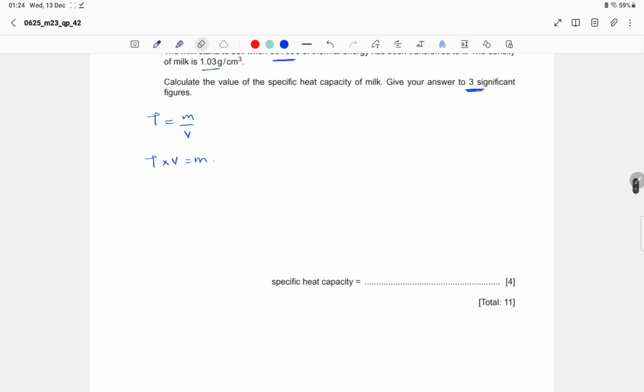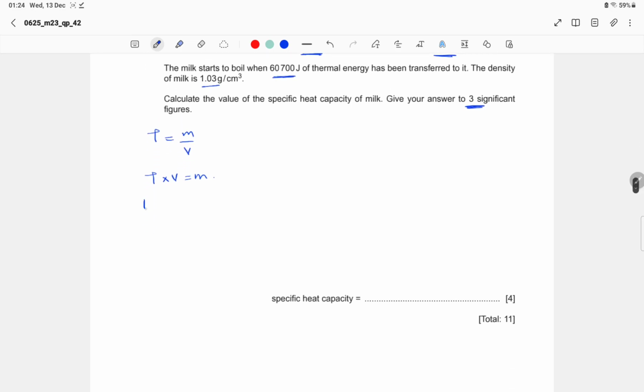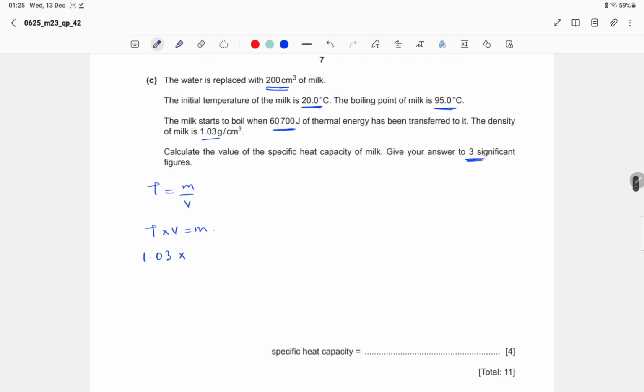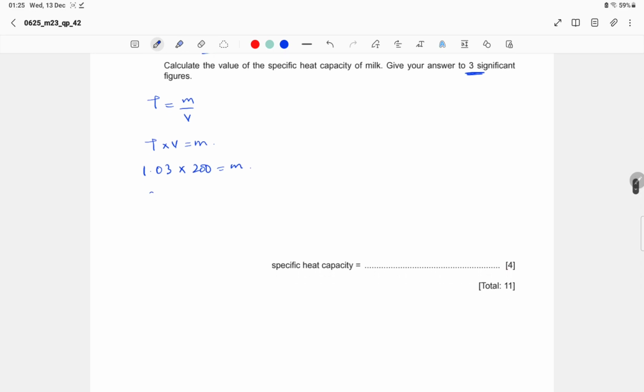Putting the values in, the density of the milk is 1.03 times the volume, 200 cm cubed. So the mass is going to be 206 times 10 to the power minus 3, and this is the mass.